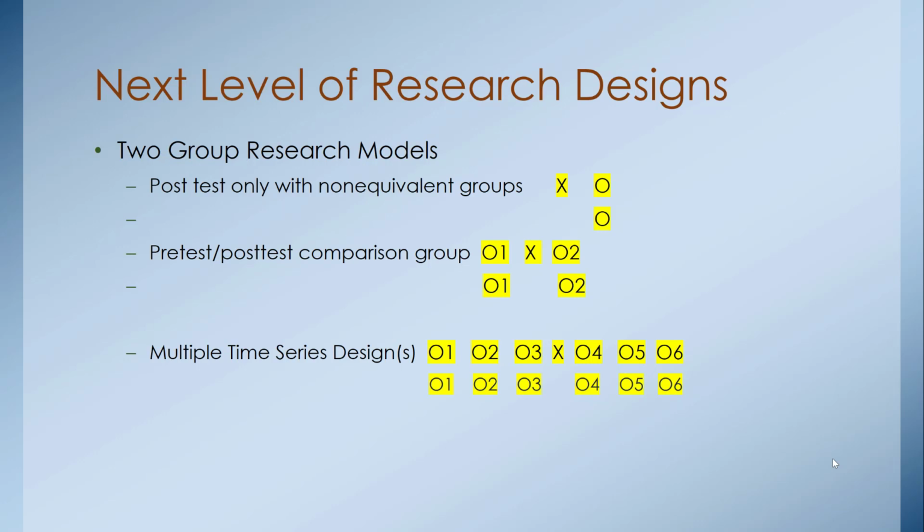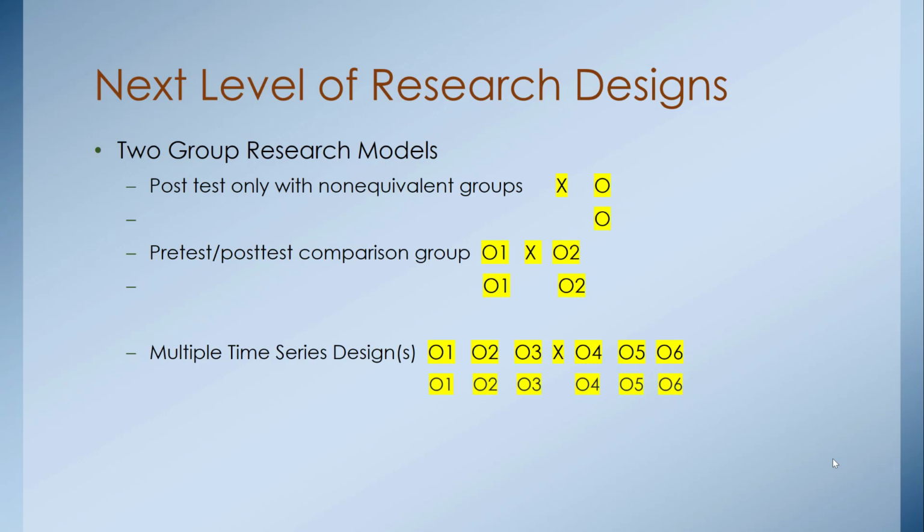So you're non-equivalent groups, and at the end of the semester, after I provide research instruction, I'm going to give you a post-test, I'm going to give them a post-test, and see who has more research knowledge. Really can't tell me a whole lot other than a snapshot in time to say who has the most research knowledge at that point in time when you took that post-test.